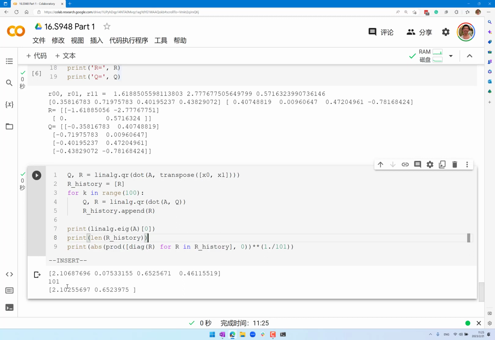It's 101, right? So basically the first vector has been normalized 101 times. So the product taken to the 1 over 101 power is really, on average, a geometric average of how big that entry is.